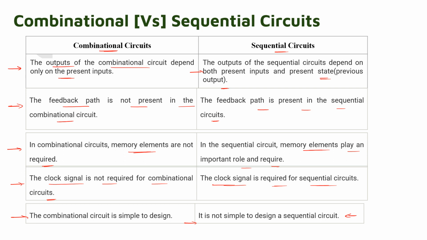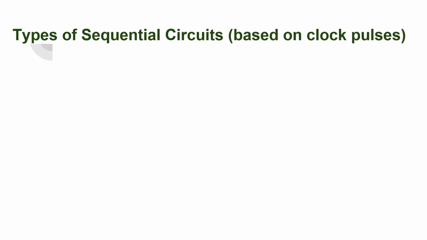Then we will go for the types of sequential circuits according to the clock pulse, the types of sequential circuits based on clock pulses. So what is a clock pulse? We will discuss that also. Before that, first of all, we will go for the types of sequential circuits.